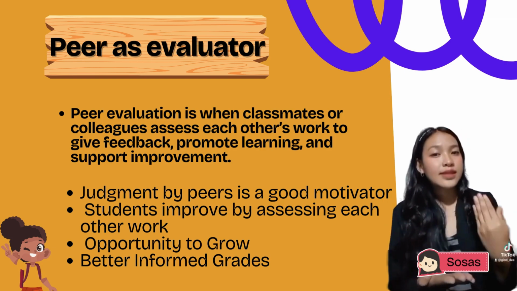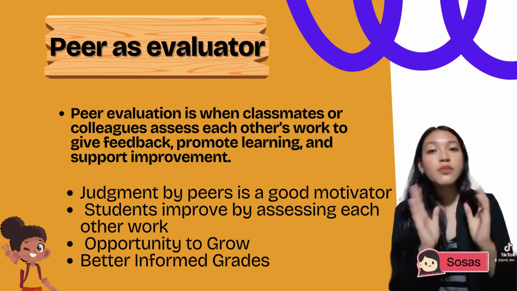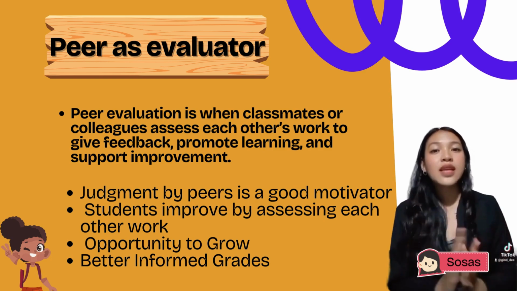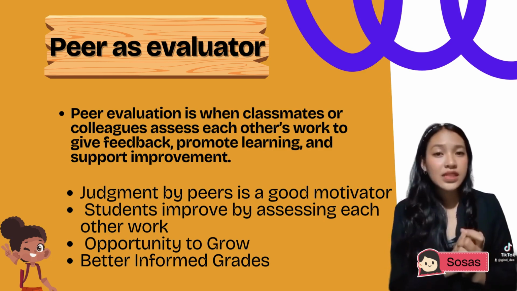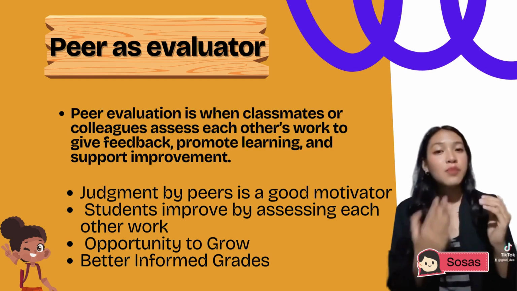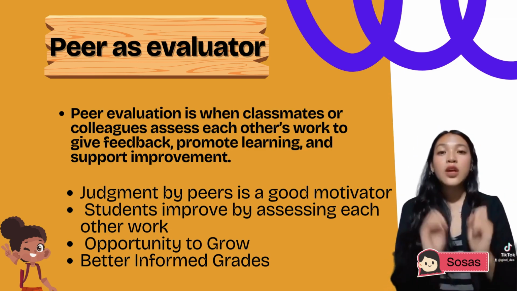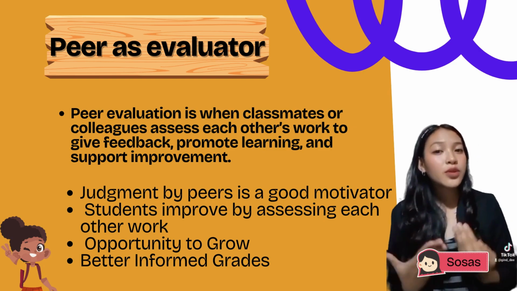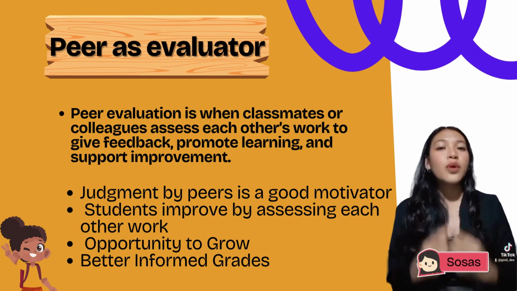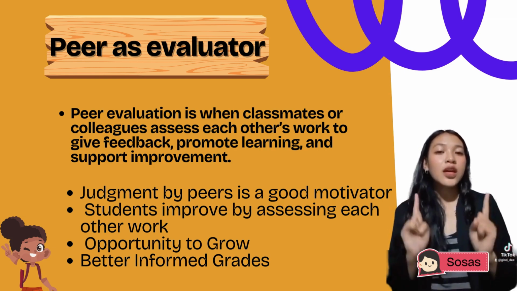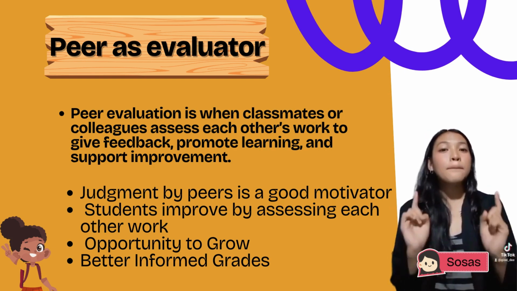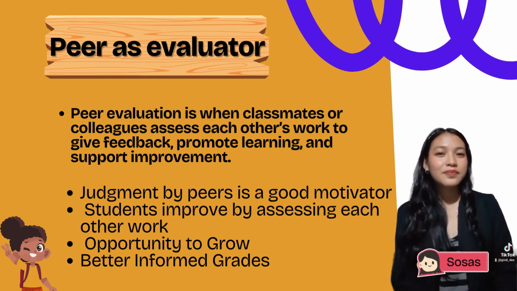She noticed that you have lots of mistakes, especially grammar, and you also have mistakes with the spellings. That is why it is very important to have your peer as an evaluator, because you are both growing and encouraging each other to do better next time.